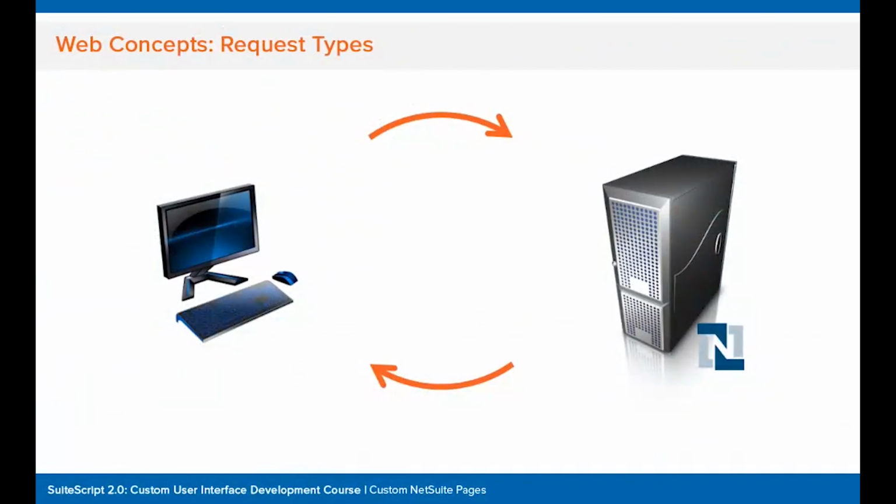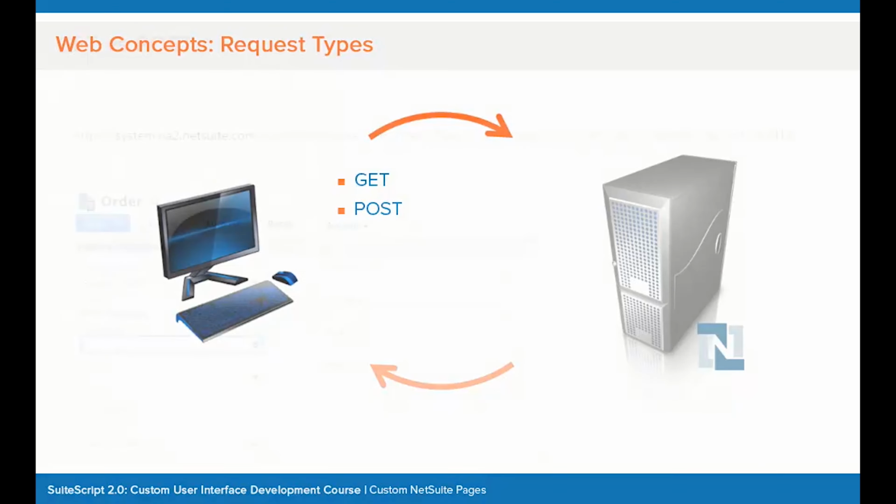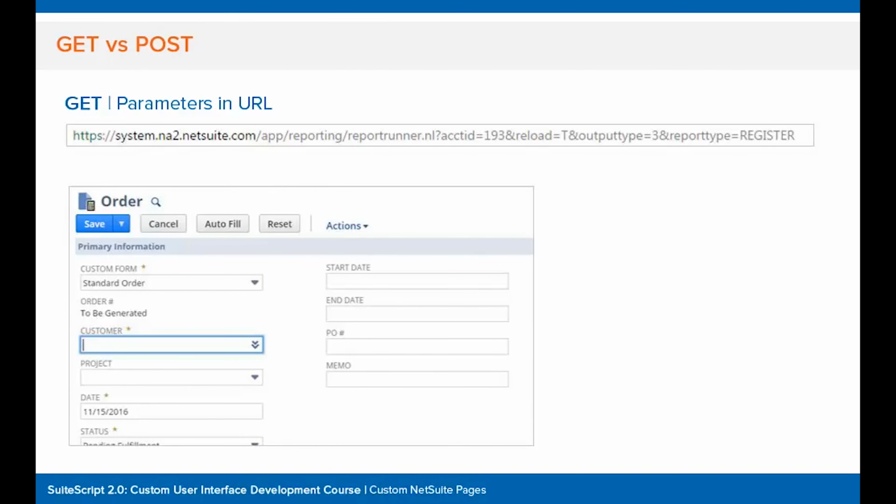Before we can start creating code that would gather information from the request, it's important for us to understand the kinds of requests that we're going to get from our client. Here we can see that there are 2 kinds of requests, a GET request and a POST request. What is the difference between a GET request and a POST request? The GET request typically would send information using a parameter embedded within the URL.